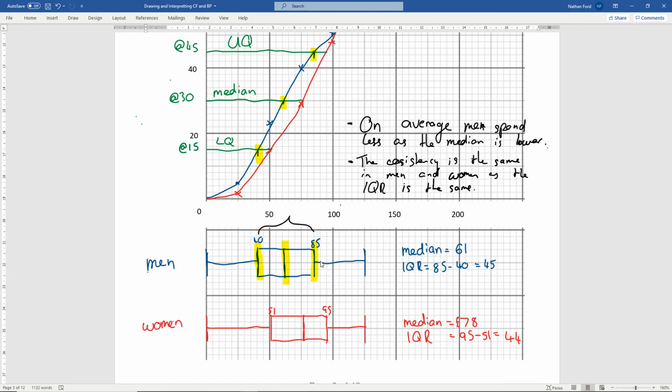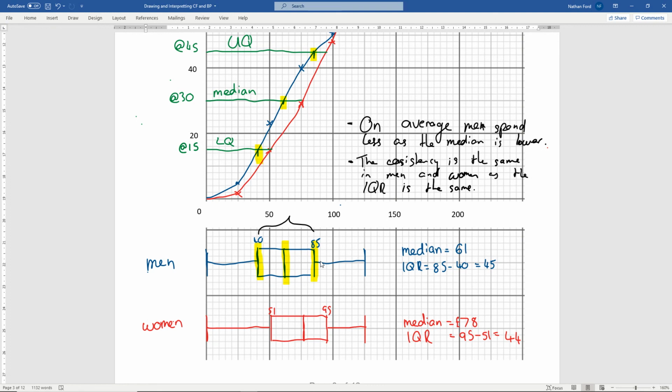It's all about the range, but you don't use the full range, you use the IQR. The reason for that is because of outliers. Maybe one person has spent a lot of money, okay? Or if you did test scores, one person has got a really high or low test score in a class, whereas the interquartile range, if it's really tight, would show that they are all getting very similar grades.